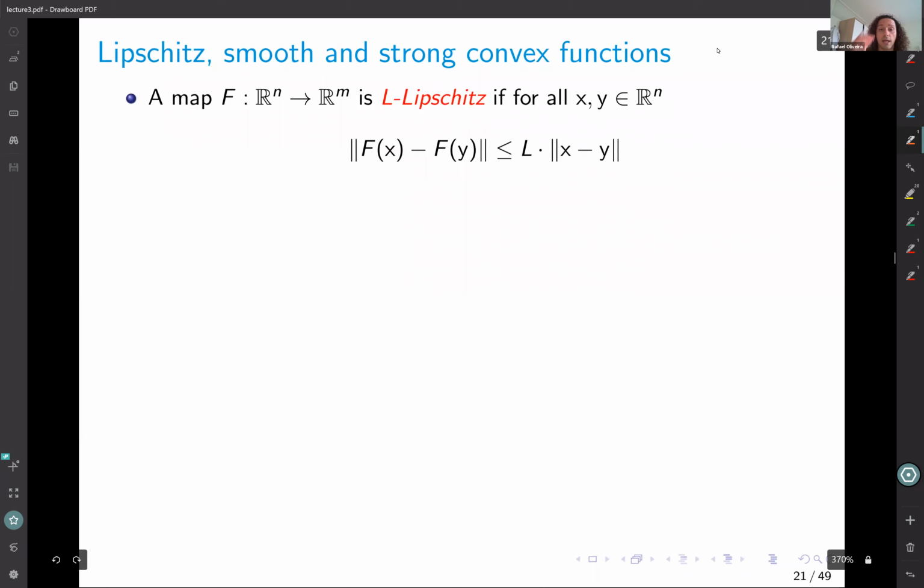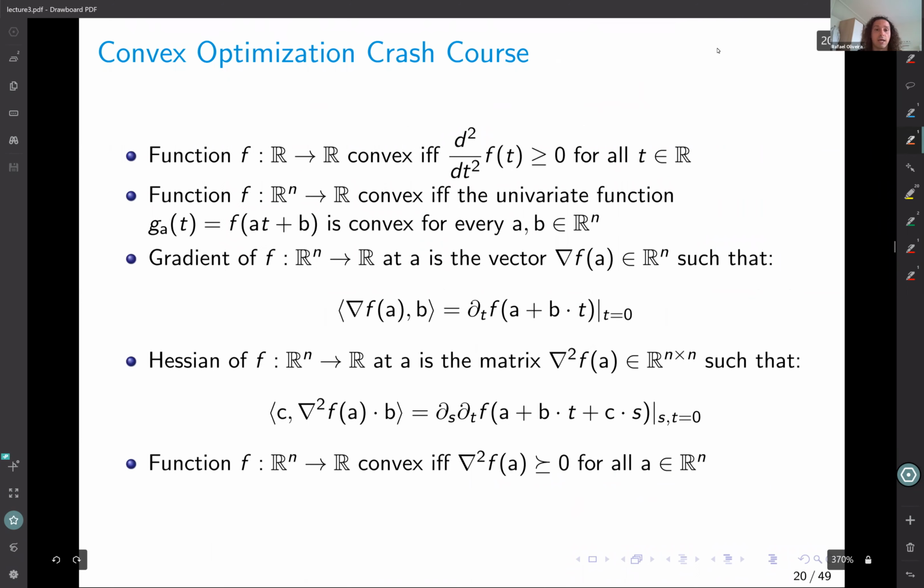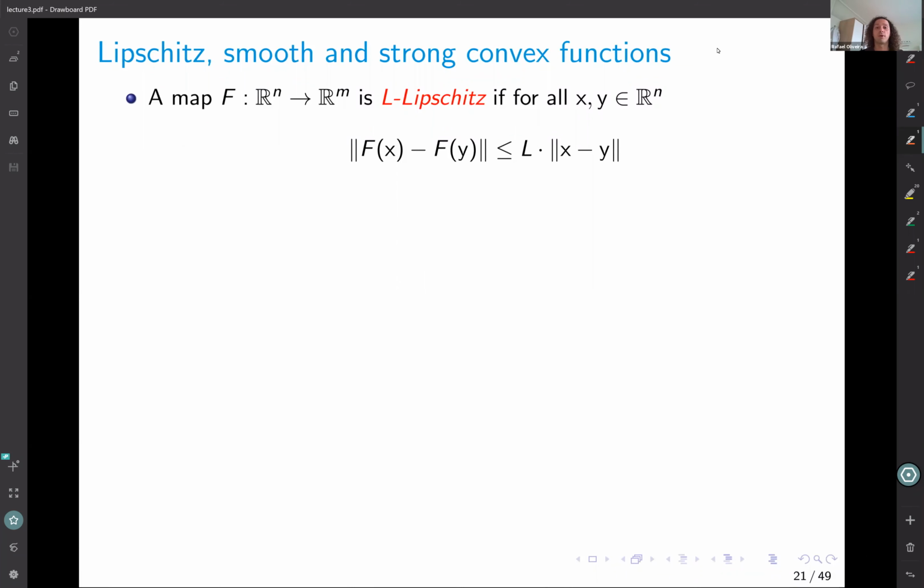Now that we have the definition of a convex function, let's talk a little bit about Lipschitz functions, smooth functions, and strongly convex functions, which are fundamental for giving some analysis of convex optimization algorithms. We say that a map f from Rn to Rm is L Lipschitz if for all x, y in Rn, the norm of f(x) minus f(y) is upper bounded by a constant L times the norm of x minus y.